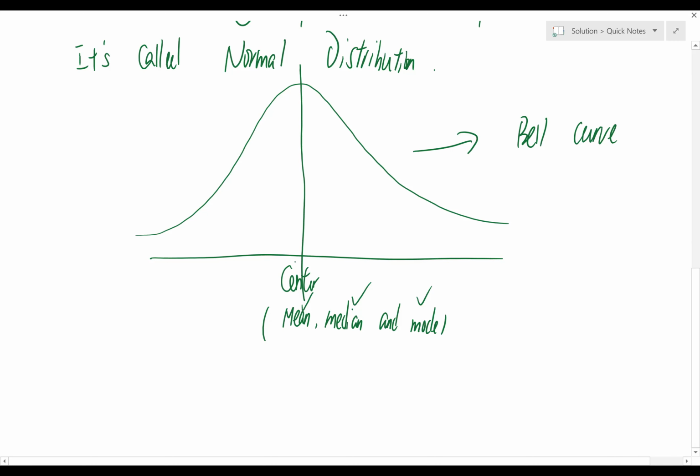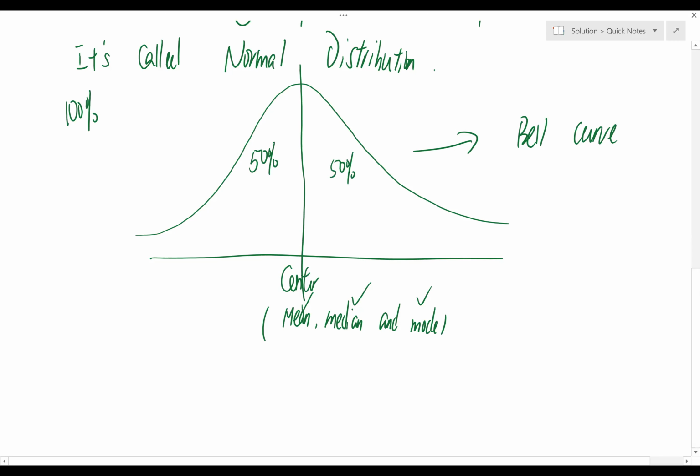And this bell curve is symmetrical with respect to the center, meaning this is the probability distribution. So the total probability under the bell curve is 100%. This center will split the bell curve into half and half, so each half is 50%.